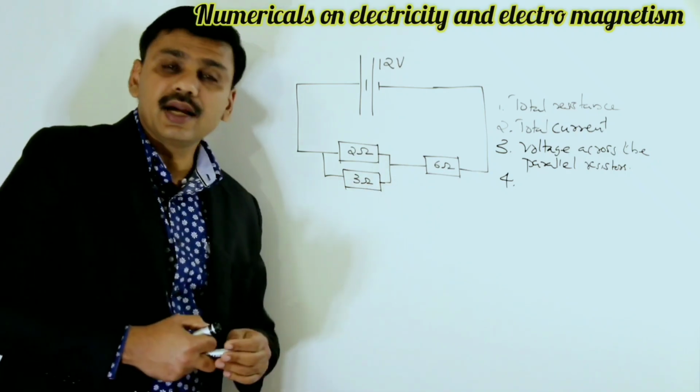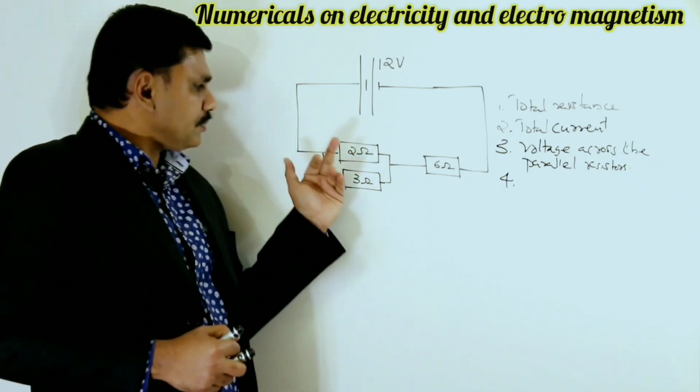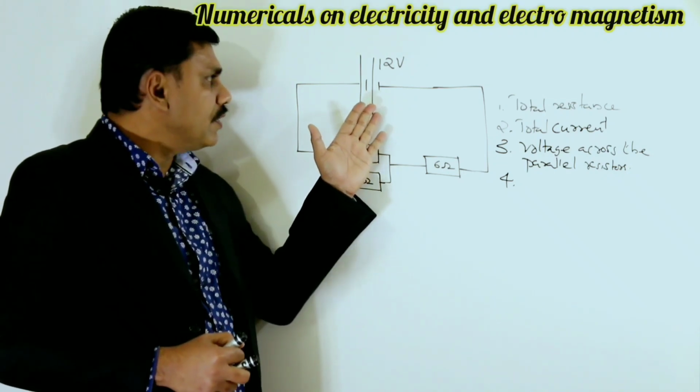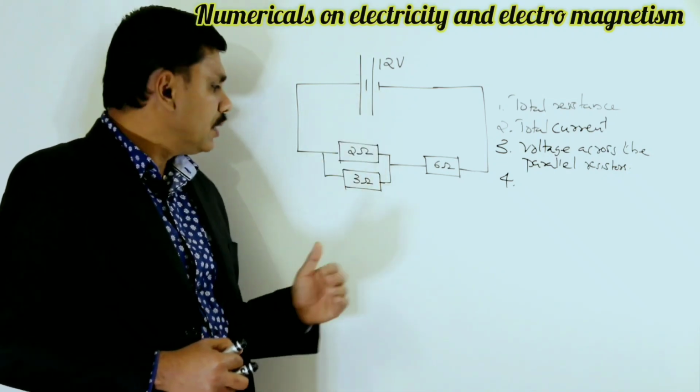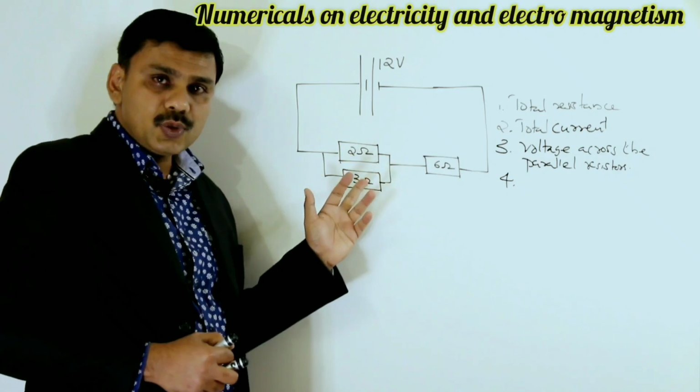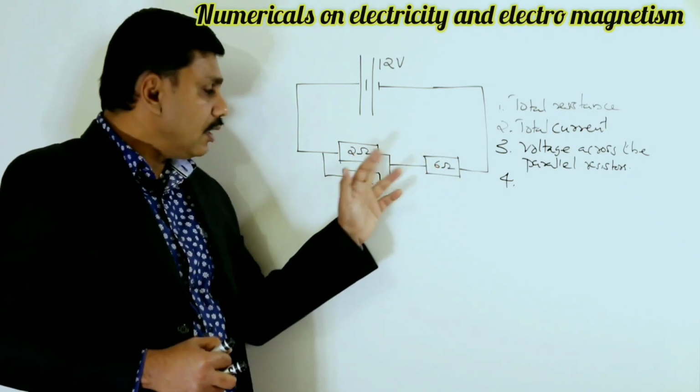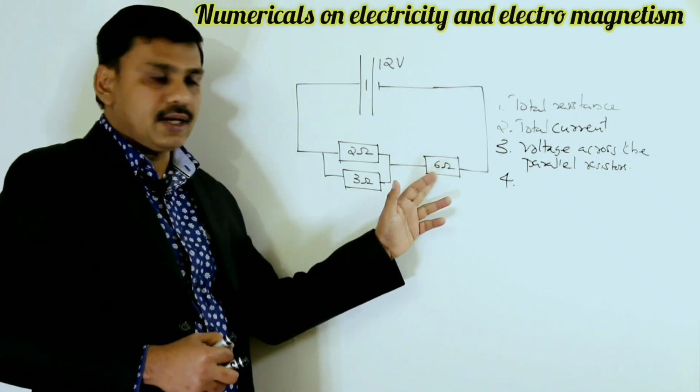Here a source is there which is providing 12 volt. Here there are two resistors connected in parallel and 6 ohm is connected separately.